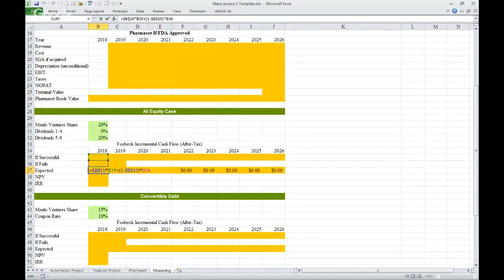That's when you were calculating expected cash flow, you did not multiply by probabilities, or some people made a mistake and they multiplied by wrong probabilities, or multiplied both times by probability of success instead of probability of failure.